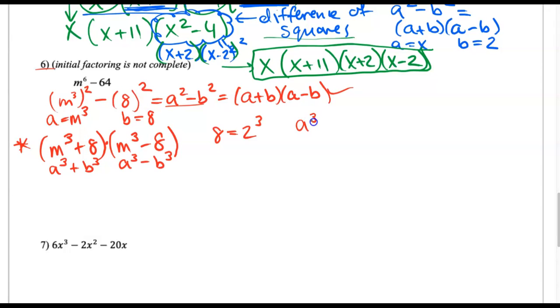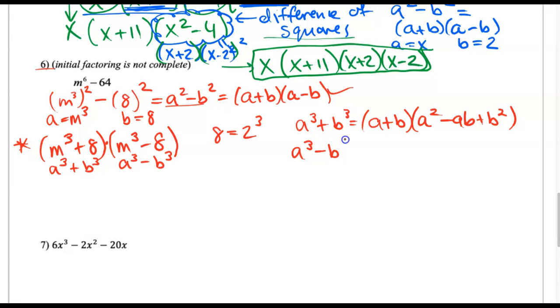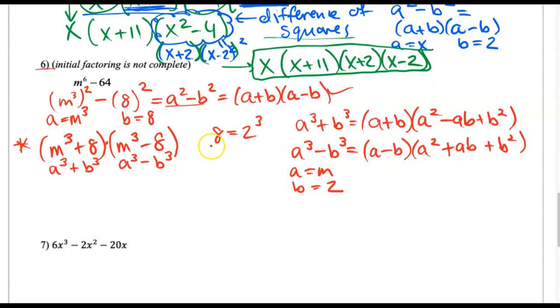So I have to use the sum of cubes formula, which is a plus b, a squared minus ab plus b squared. And I have to use the difference of cubes, which is a minus b, a squared plus ab plus b squared, where a is m, because it's m cubed, and b is 2, because 8 is 2 cubed. So here we go.